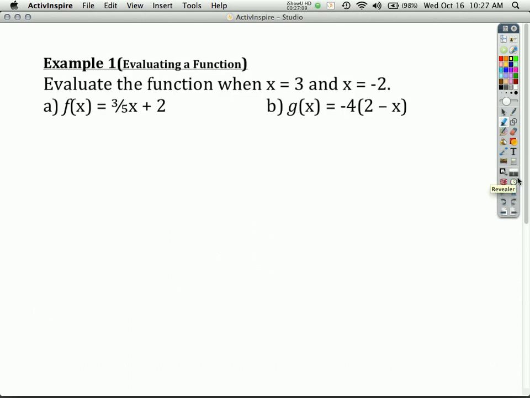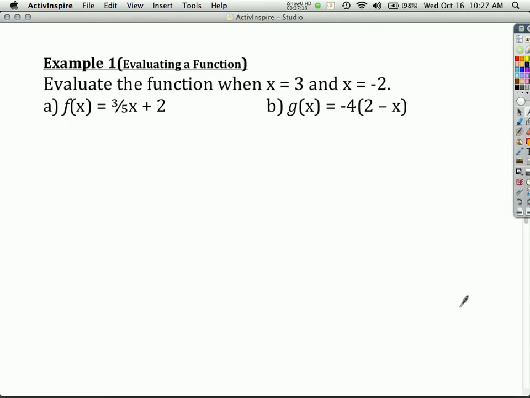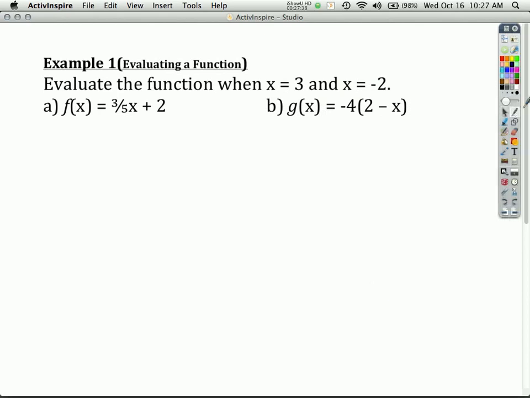So, example 1. Evaluating a function that's written in this form. So part A. F of x equals 3/5 x plus 2. So that's the function, and we're being asked to evaluate it when x is 3, and then evaluate it again when x is negative 2. So we're being asked to evaluate the function 2 times. So this is how you write it out.